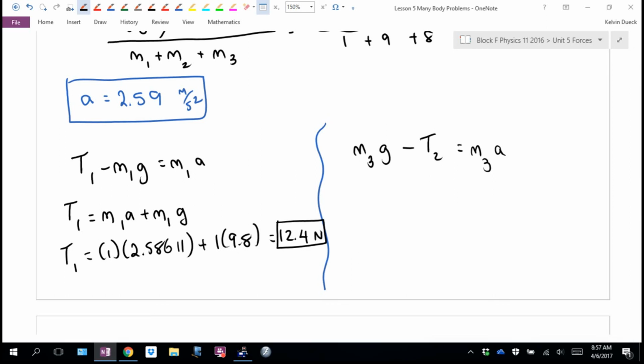We're trying to find tension. What's right in front of the letter T that I don't like? Oh, we can plus. We've done this dance before, you and I, yes? I'm going to plus it to that side, draw a little arrow pointing that way. And at the same time, I'm going to minus that to that side. I'm going to get the M3G dropping down minus M3A. That equals tension 2.